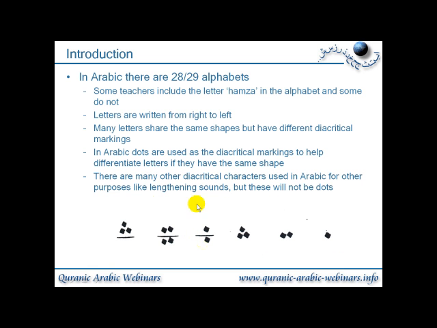Now these dots are used on top of letters if they've got the same shapes to differentiate the letters. There are other markings that you'll see put on the letters, but they're to do with how the letters actually sound and how long the sounds are. They're not to differentiate the letters themselves.